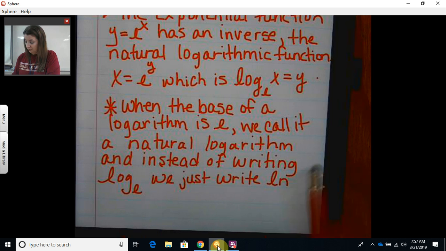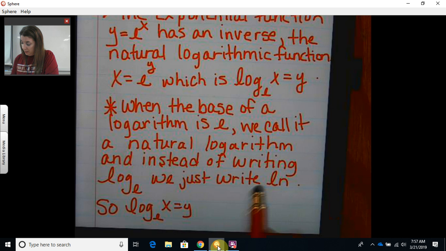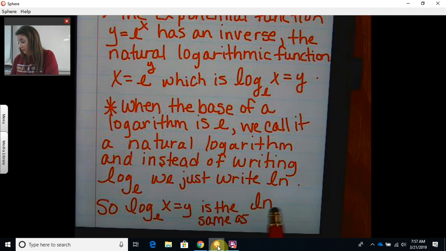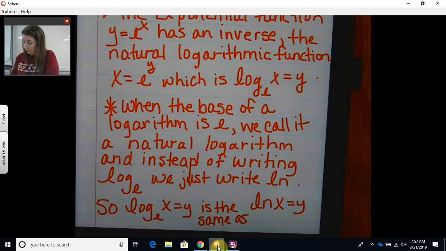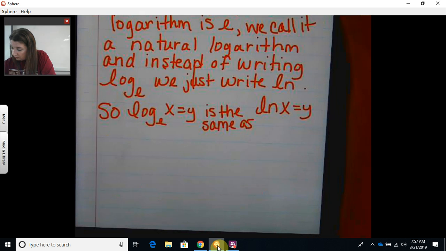So, log base e of x equals y is the same as the natural log of x equals y. So if you have a base of e, they're not going to write it log base e, okay? They write it with ln.